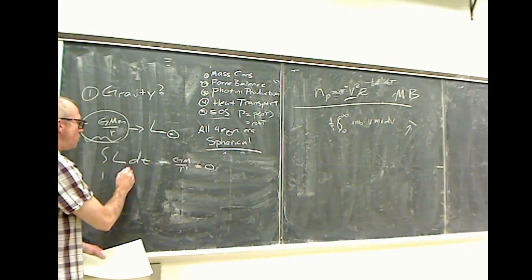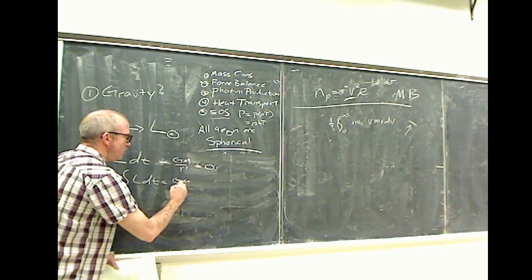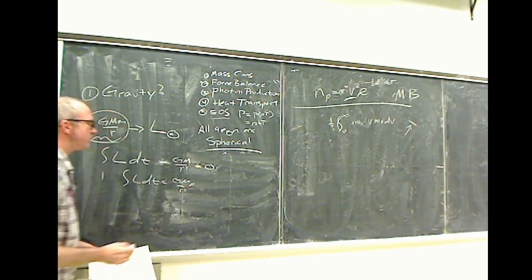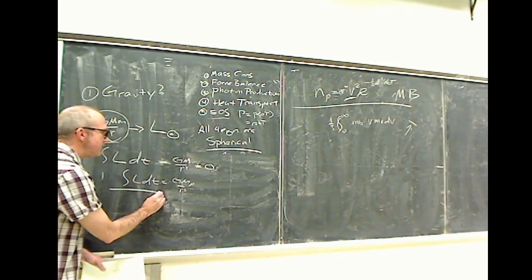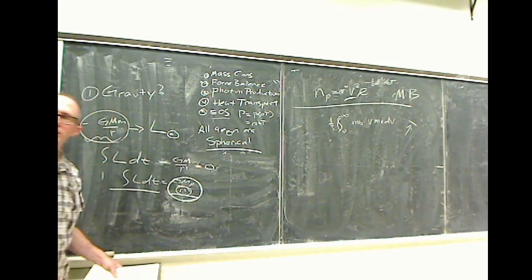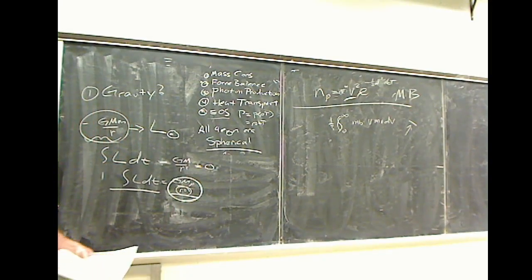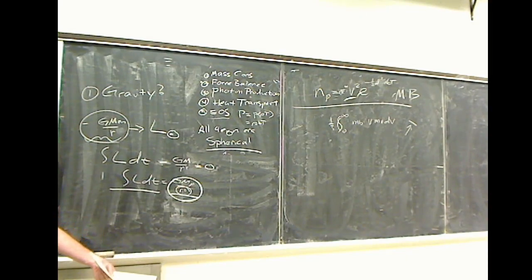Or you could say the integral of L dt equals GM rho over R squared. As this gets large, this also has to get large, and the only way for this to get large is for R to decrease, right? If that's the only physics that we have is gravity. So you can sort out how long it will take for my star to collapse to a point, and you get about 10 million years.